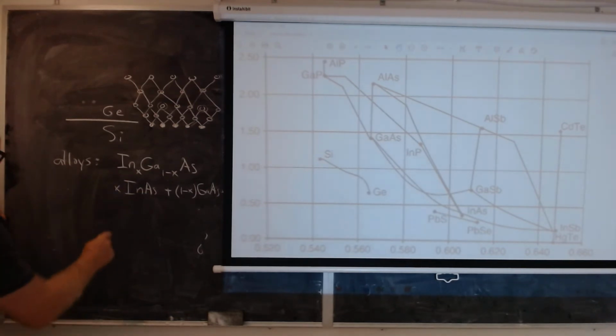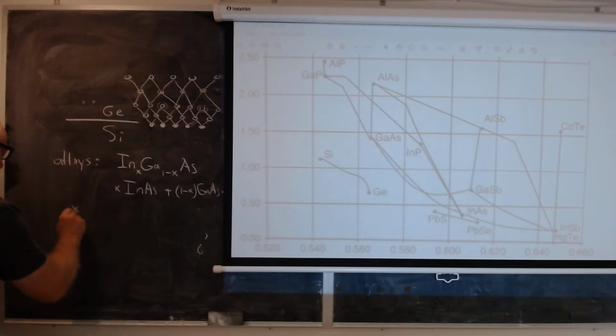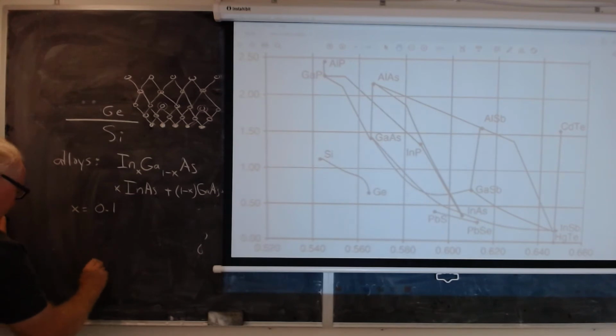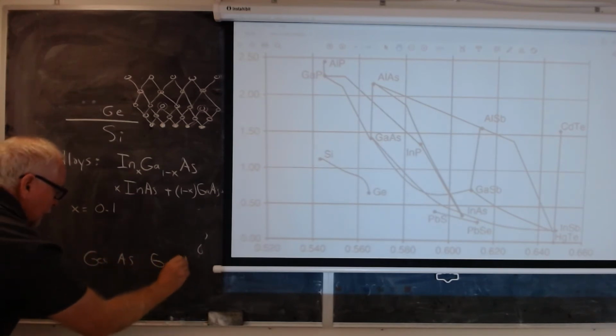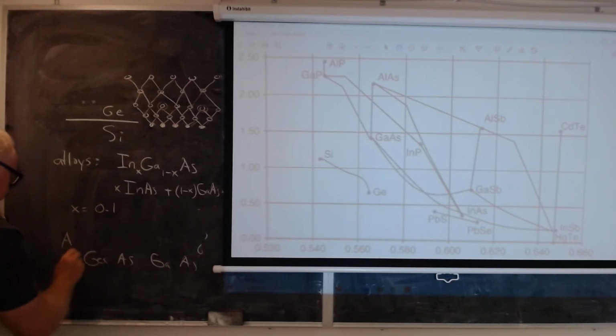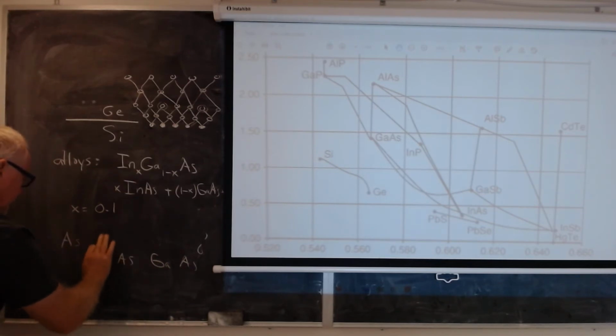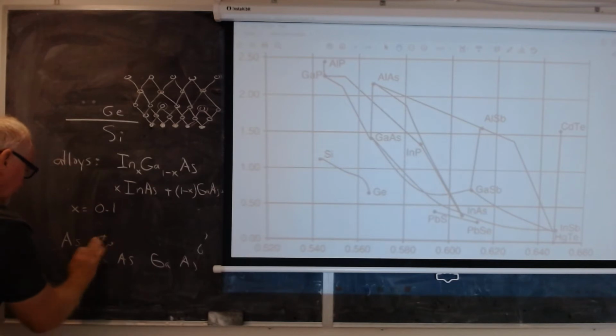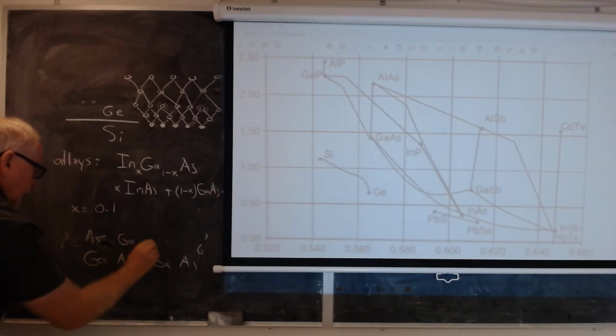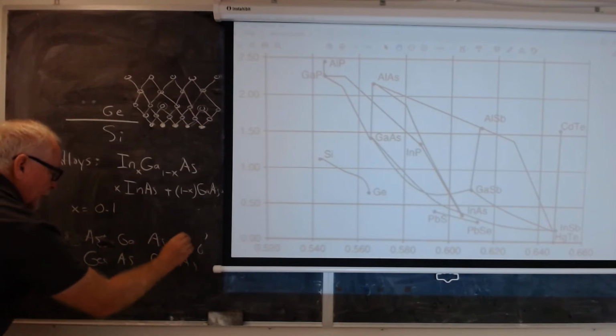And what happens is, if you look at it, let's say x equals 0.1. So basically it's gallium arsenide going on here: arsenic, gallium, arsenic, gallium.